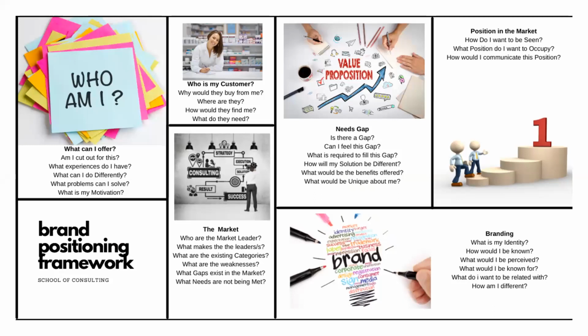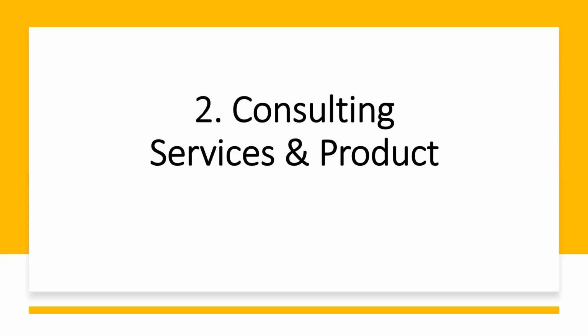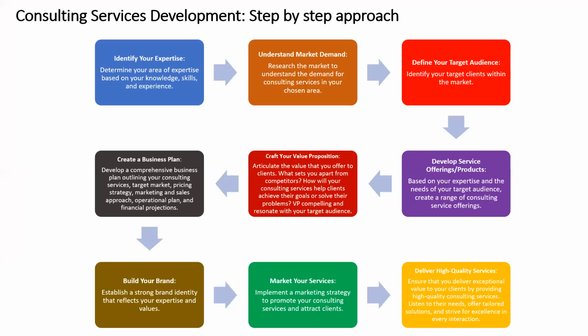On the back of that, we develop what we call the brand positioning framework. We talked about brand marketing in step 7, build your brand. So develop your service, product, all of that.